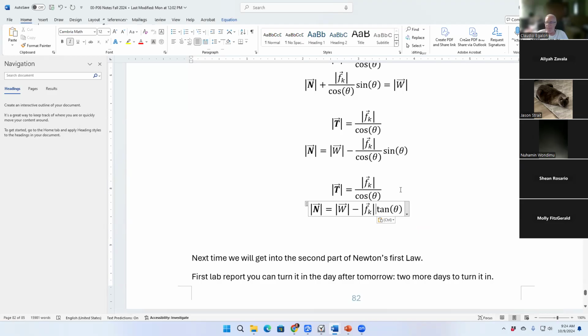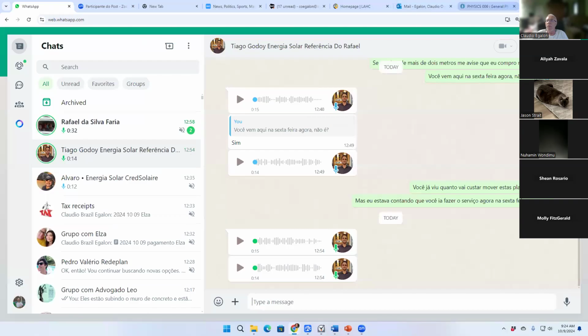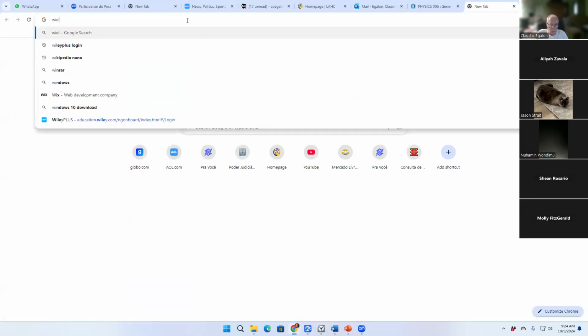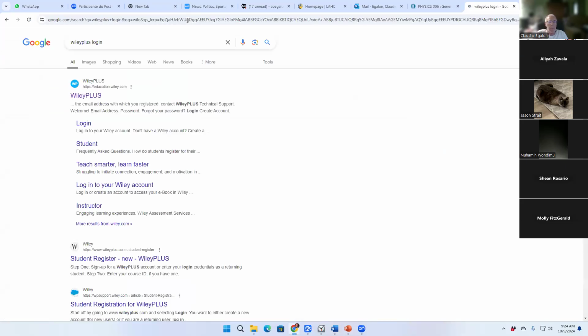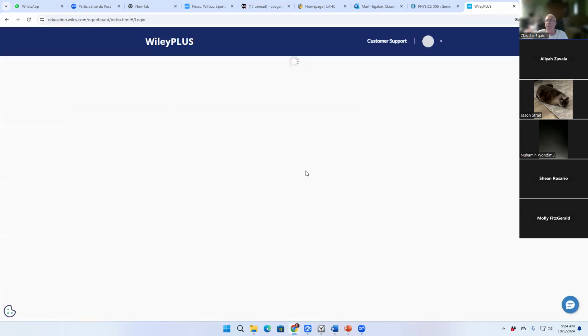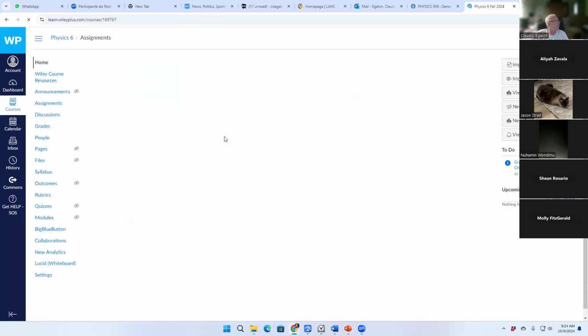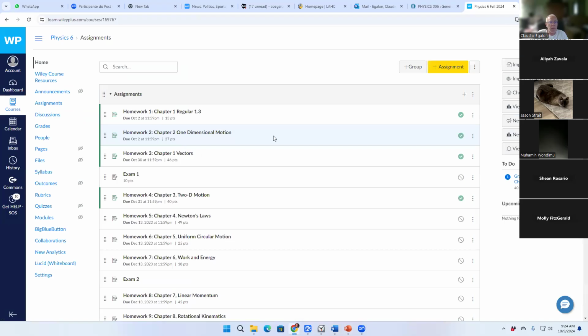Okay, let's take a look at the book, where we are here, Wiley Plus, and 2D motion.